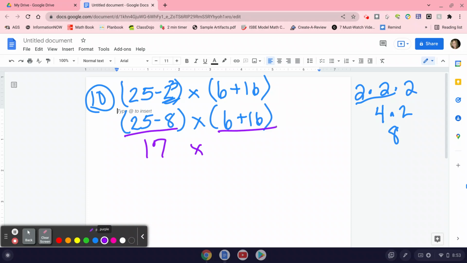Abby, 6 plus 16. 22. Now, up to this point, it's been fairly easy. What's going to get some of us? We have to do 17 times 22. I don't care what method you choose. You can use algorithm. You can use lattice. If you wanted, you could do partial products. But I want you to find the value of 17 times 22.